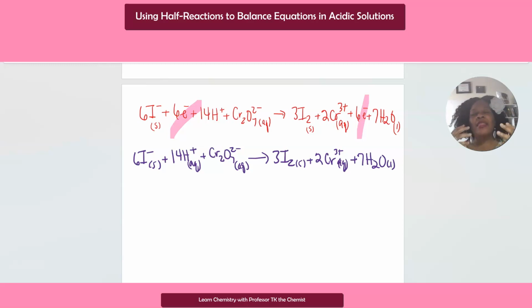And there you have it. This is your final balanced equation for acidic solutions.